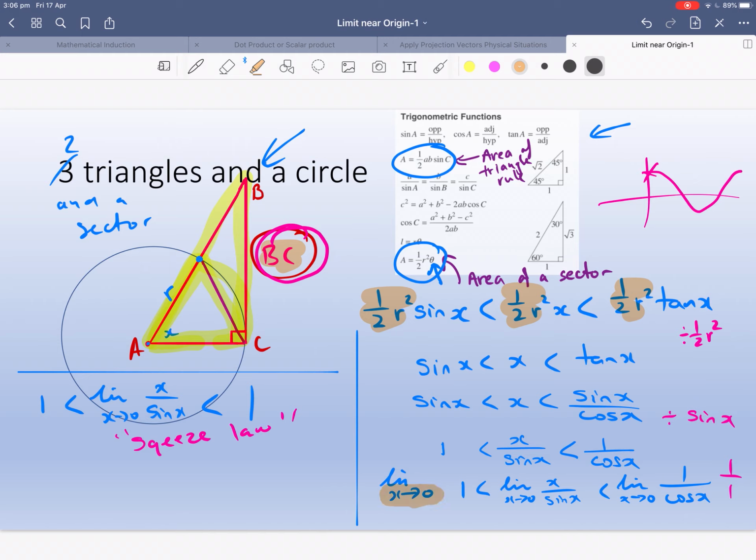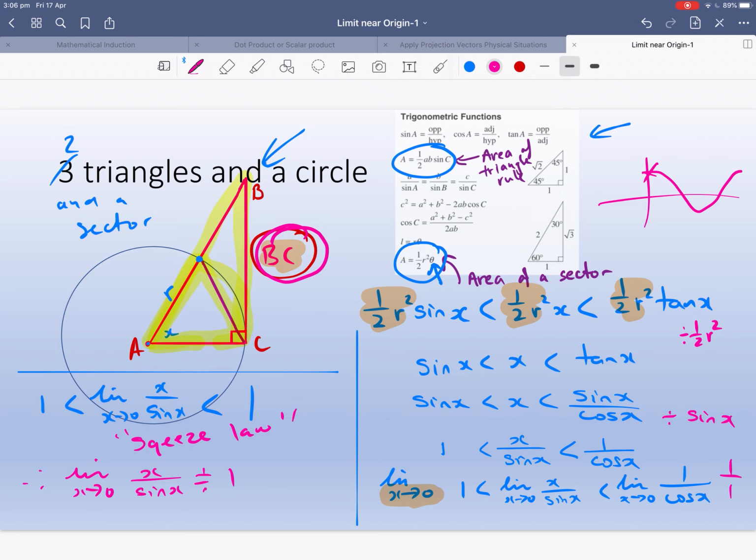So we're only talking about really, really small angles. So as the limit of x approaches 0, this thing is approximately 1. And for all intents and purposes, it is 1.